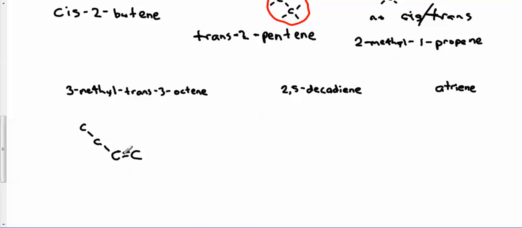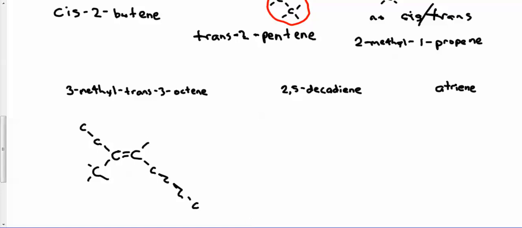I've already drawn 4. I'm going to draw 4 more. 1, 2, 3, 4, 5, 6, 7, 8. Double bond off of number 3. It's trans. I haven't drawn in the 3-methyl yet, so it's down like this. And then there will just be an H here.